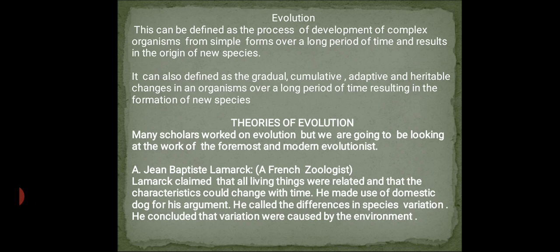For example, if you bring a dog from the GRA and you bring another dog from a rural area, the dog from a rural area usually feeds on human feces, dirty food materials, decomposing items, and so on.